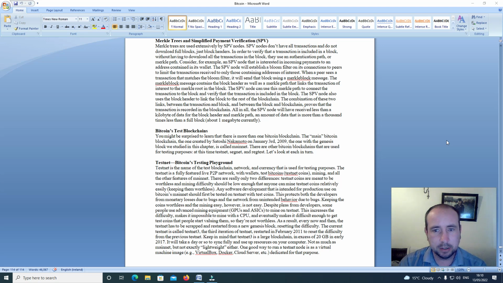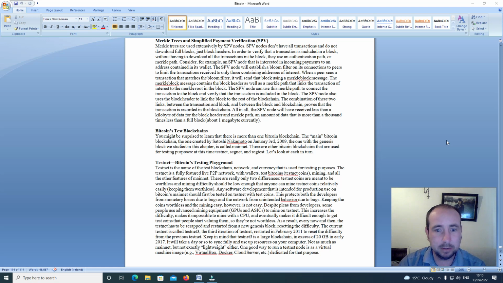When a peer sees a transaction that matches the Bloom filter, it will send that block using a Merkle block message. The Merkle block message contains the block header as well as a Merkle path that links the transaction of interest to the Merkle root in the block.